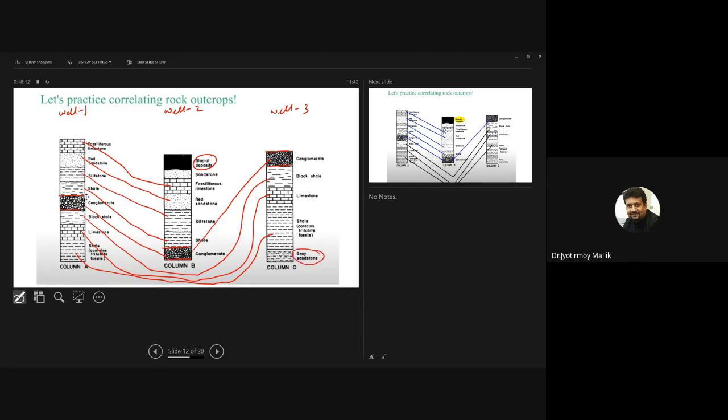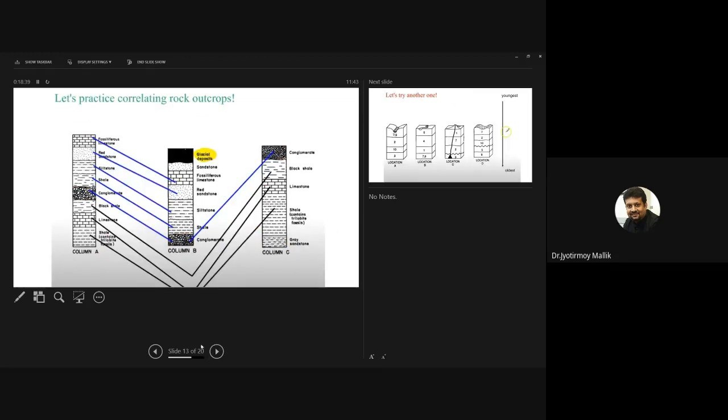But gray sandstone is certainly older than shell. So gray sandstone is the oldest rock in the basin, and the glacial deposit is the youngest rock in this whole basin. And that I have established by correlating these horizons, and our index horizon was conglomerate. Okay.